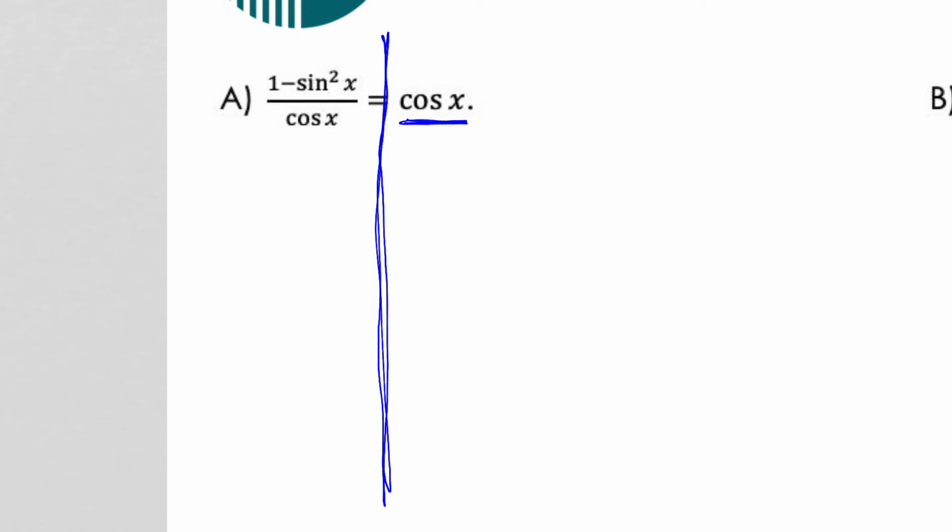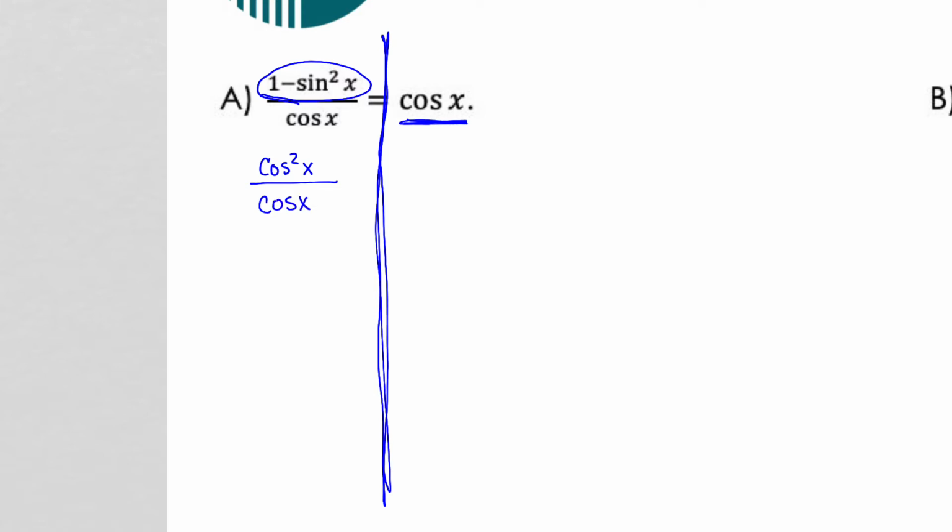I want this side over here to end up being cosine x. That's our goal. All right, so let's make that happen. Well, here is one of our Pythagorean identities. I know that 1 minus sine squared x equals cosine squared x. So my numerator changed. In the denominator, I still have cosine x.